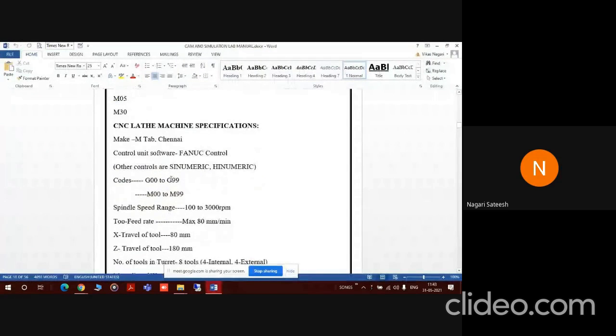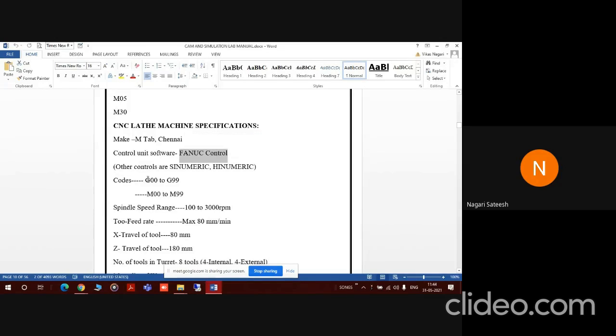Yeah. So I told you, in our CAD CAM lab, a small CNC lathe is there, with a cost of 5.5 lakh, and the controller is a Fanuc controller for our machine. Other controllers are Sinumerik and Hinumerik. Sinumerik was developed by Siemens, whereas Hinumerik was developed by HMT.